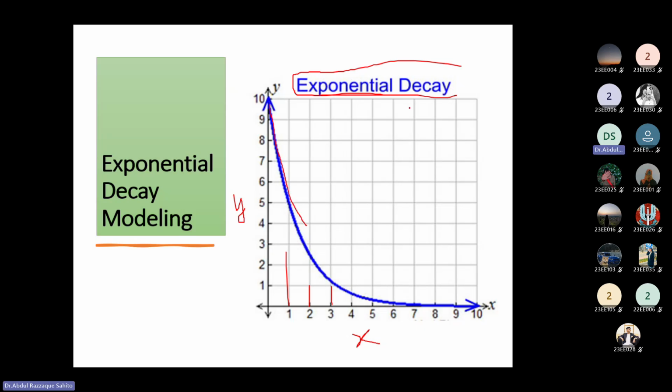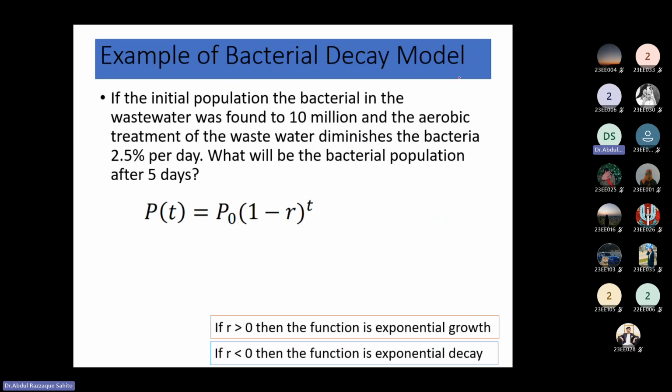So the decay model is the model in which, with the passage of time along the horizontal axis, the vertical axis decreases. Now let's consider the same equation for the population, but here we have a negative sign. This negative sign indicates that it's a decay, a decline. As the time increases, the population decreases below the initial population.